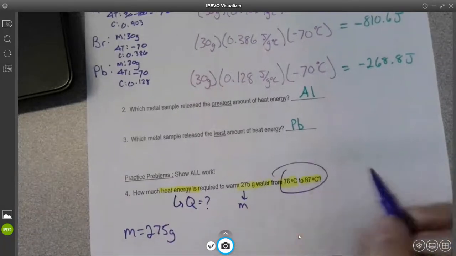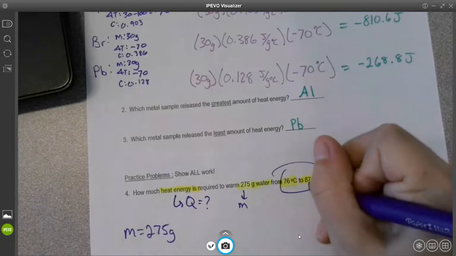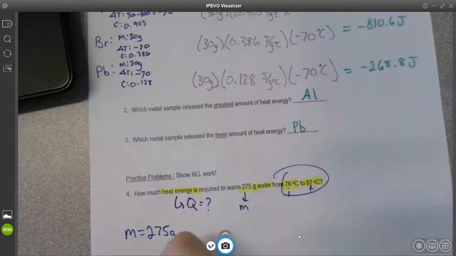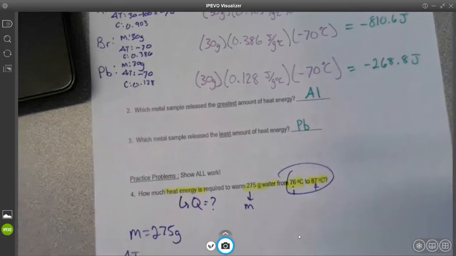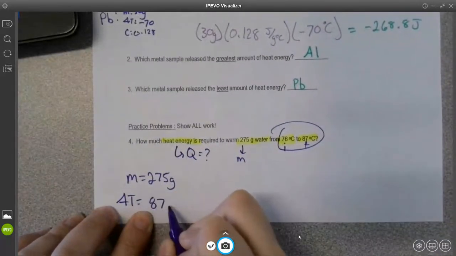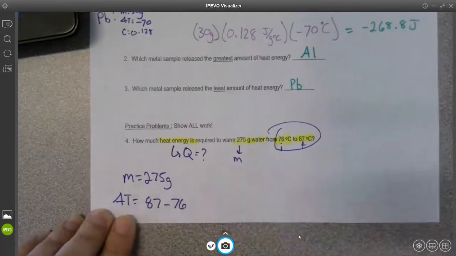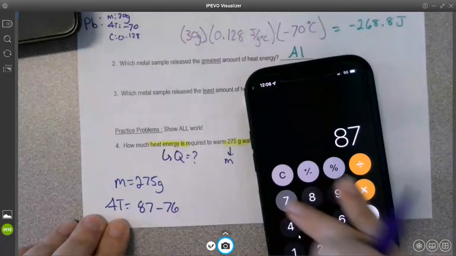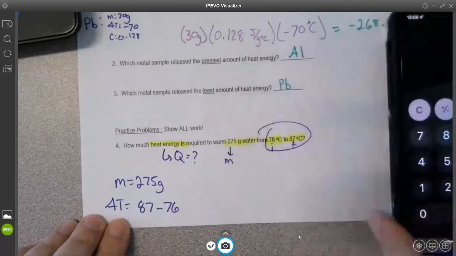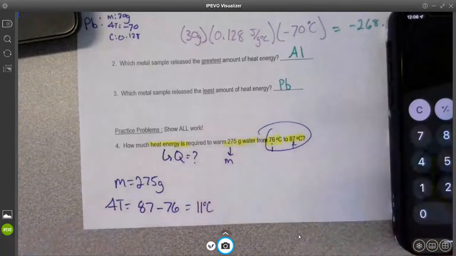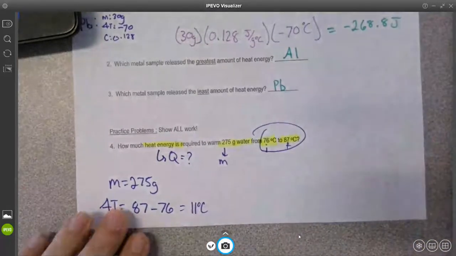Our temperature change is right here. So final minus initial. Change in temperature: 87 minus 76. Let's solve that now. 87 minus 76 equals 11. So that's our total change in temperature.